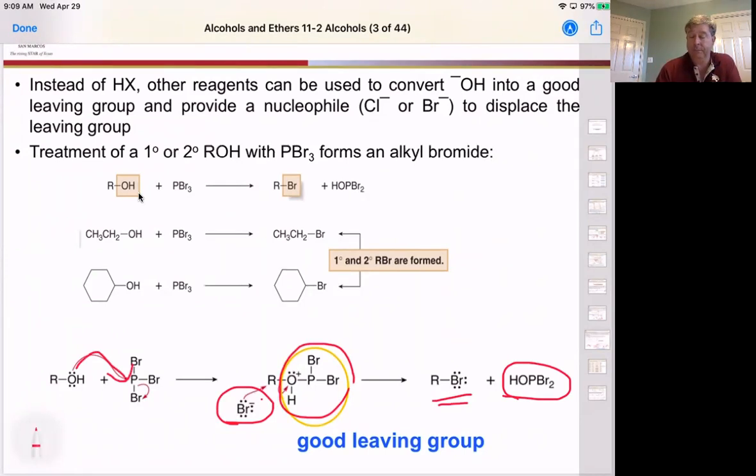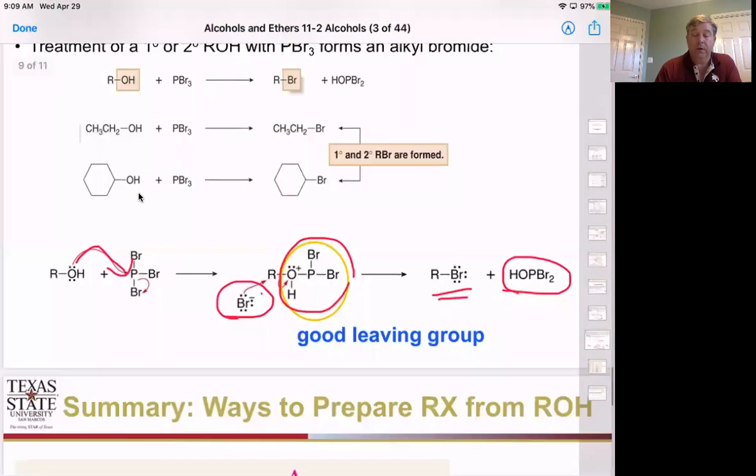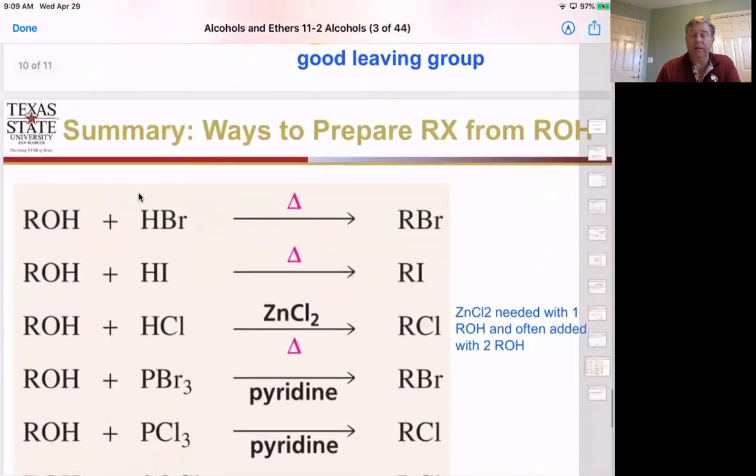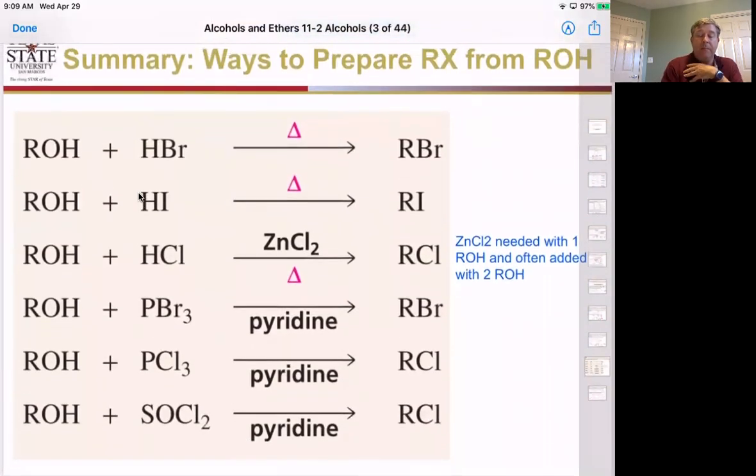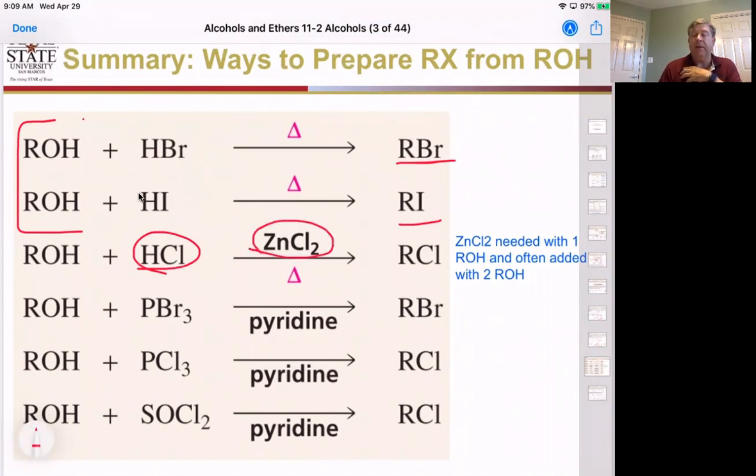Okay, so the review of all the different ways to prepare alkyl halides from alcohols. If we have primary, secondary, or tertiary alcohols, we can use HI and HBr to convert them to the alkyl halides of choice. If we have a primary alcohol and we want to turn it to the chloride, we must use zinc chloride as an activator.